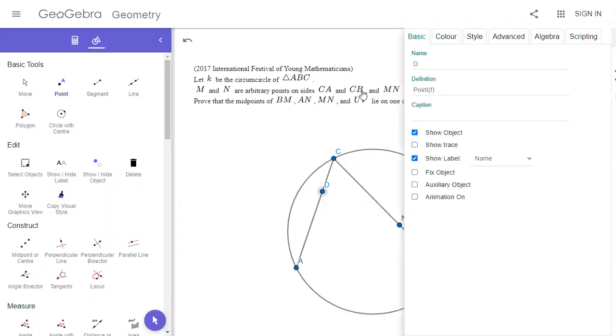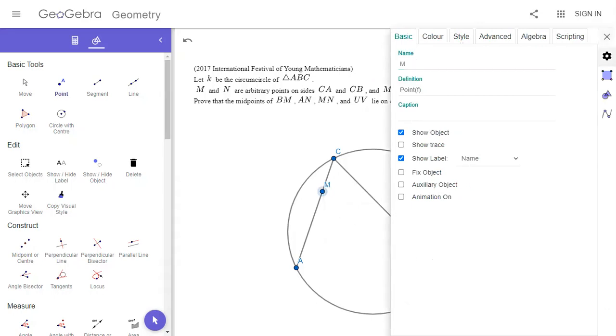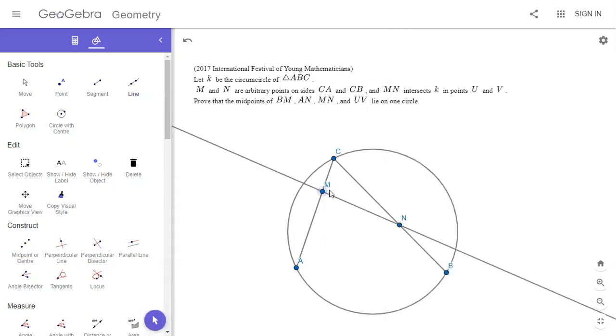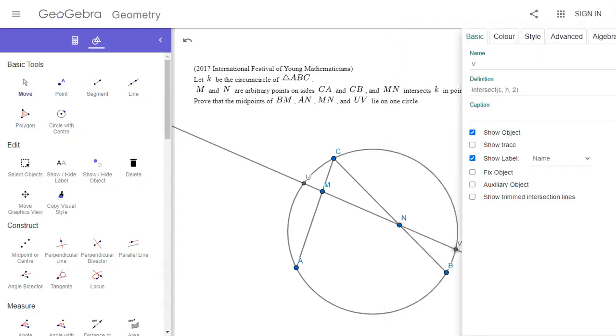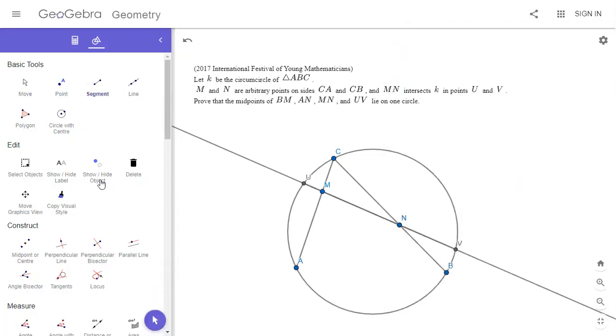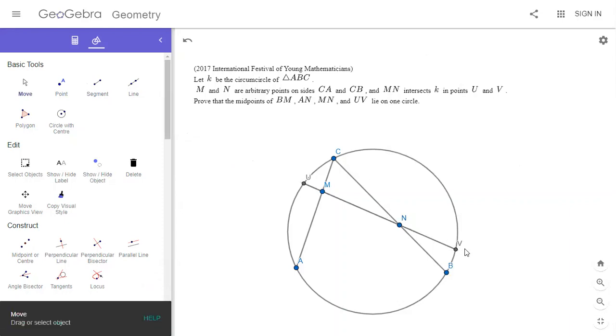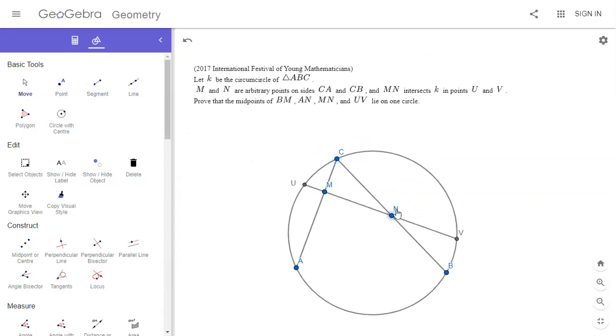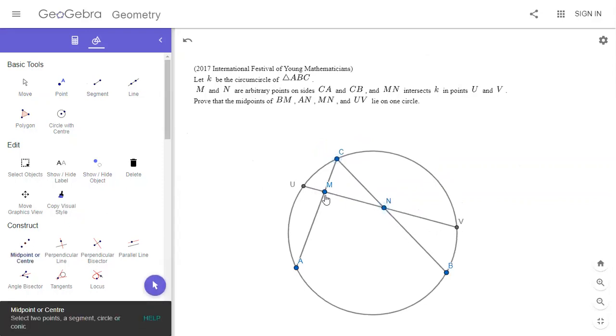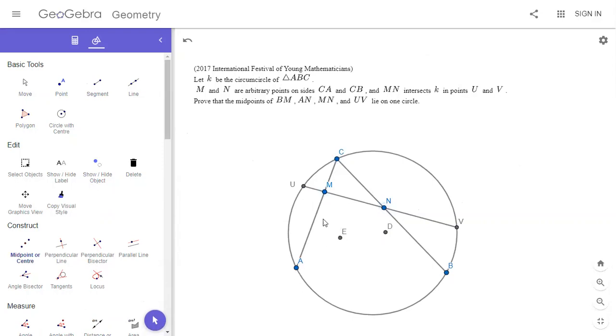And MN meets the circle at U and V. And we want to show the midpoints of, did I do that right? Yeah. We want the midpoints of EM, AN, MN, and UV lie on a circle.